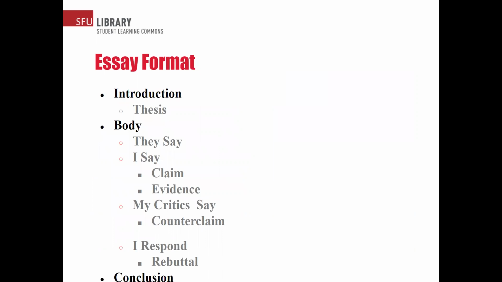Traditionally, academic essays are made of three parts: introduction, body paragraphs, and conclusion. Introduction is where you introduce your topic and identify the specific focus of the essay and put your thesis statement at the end of it.